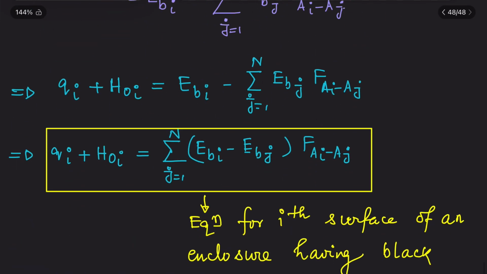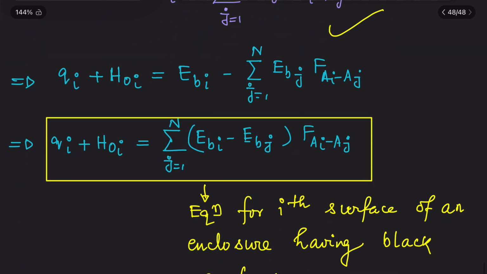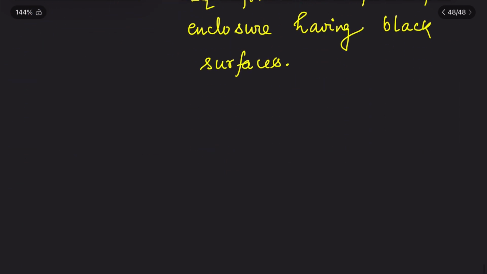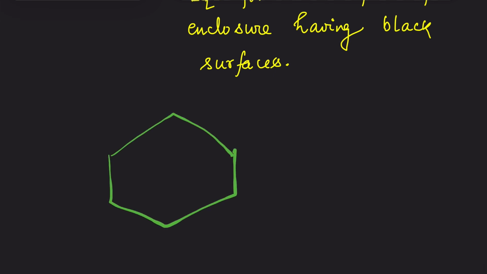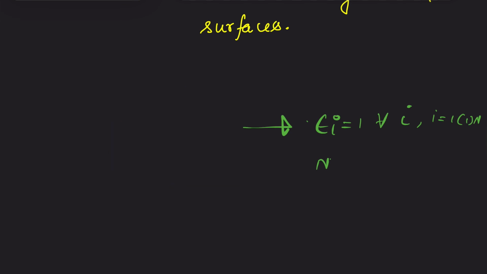I have simplified this large general equation to get this equation. But now you have to consider a black surface. This is an enclosure having black surfaces, that is epsilon I equal to 1 for all I from 1 to n.